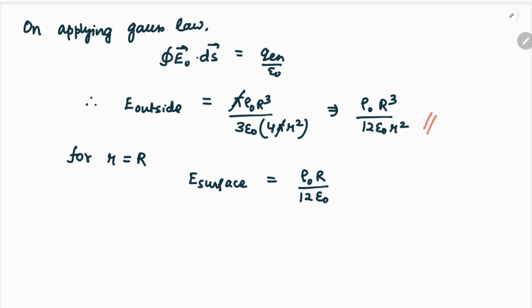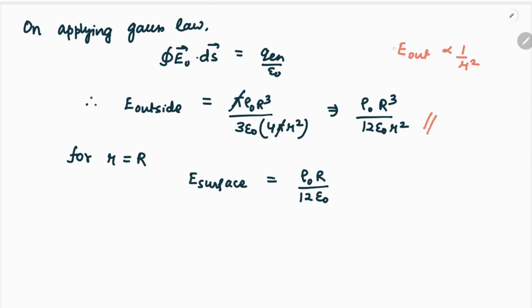So we have calculated the magnitude of electric field strength as a function of distance r both inside and outside the ball. Now the second part of the problem asks us to calculate the maximum intensity and the corresponding distance. Here we can see that E outside the ball is inversely proportional to r square.